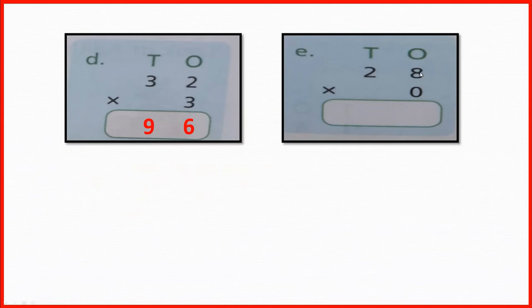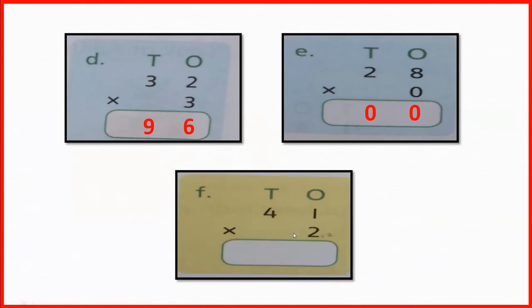Start with ones. When 0 multiplies with 8, what number comes? Yes, the number comes 0. Now multiply tens. When 2 multiplies with 0, the number comes 0. So the answer is 0.